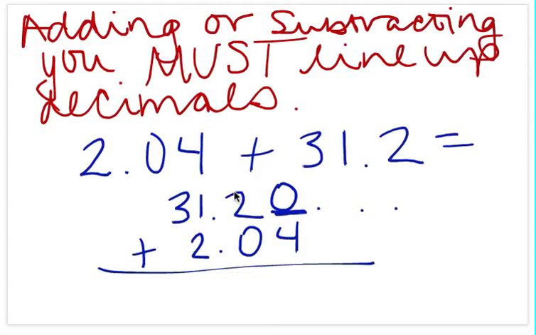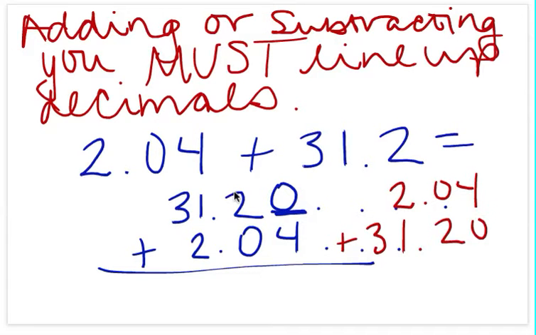Now, yes, we can have decimals that go out a lot longer, but this is just a way to do this example. Okay, now I could also write it. I'm just going to show you. I could put 2.04 plus 31.20. Okay, I will get the same thing.